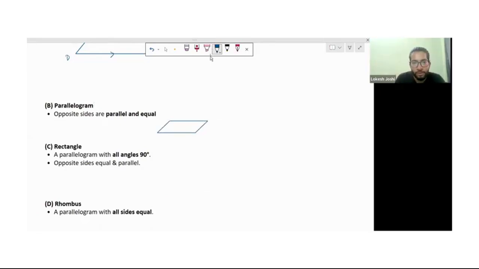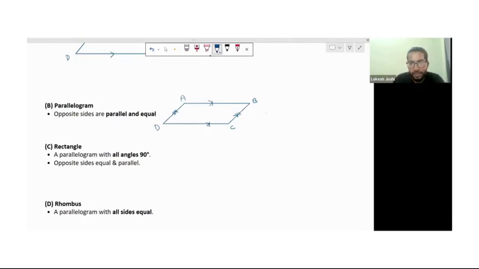Suppose this is a quadrilateral in which we have vertices A, B, C and D such that AB is parallel to CD and both are equal, and AD is parallel to BC and both are equal. In such a case, we can say it's a parallelogram.